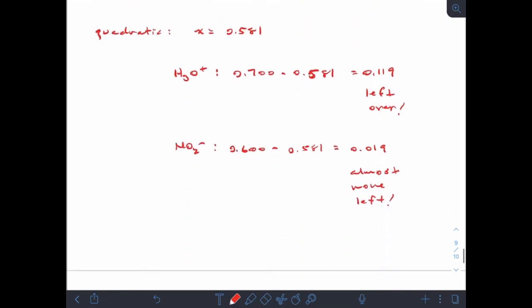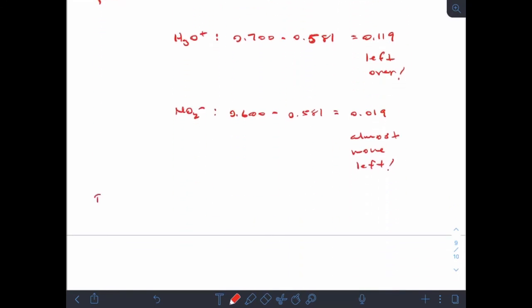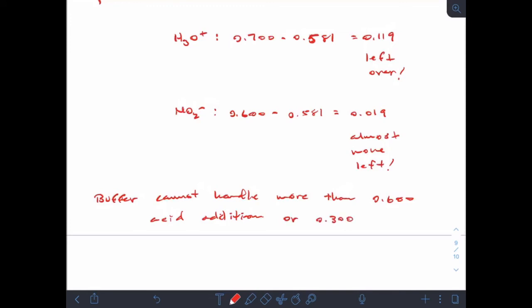So our buffer cannot handle more than 0.6 molar acid addition or 0.3 molar base addition.